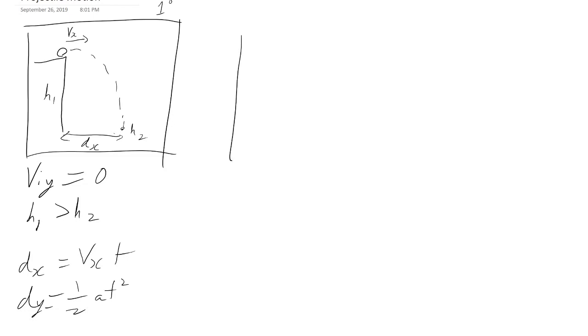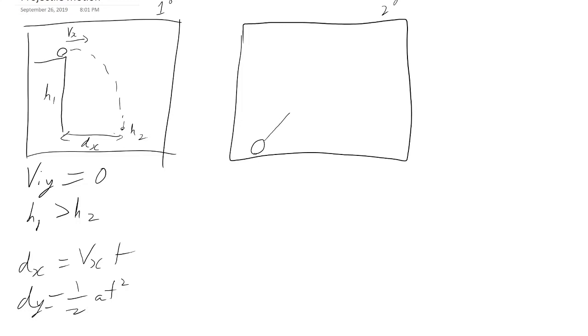Now the second one, which is harder, and this is what we covered last year mostly. It's an object which is shot up into the air at an angle. It lands on the same level ground. So the characteristic of this is that it is shot at an angle.